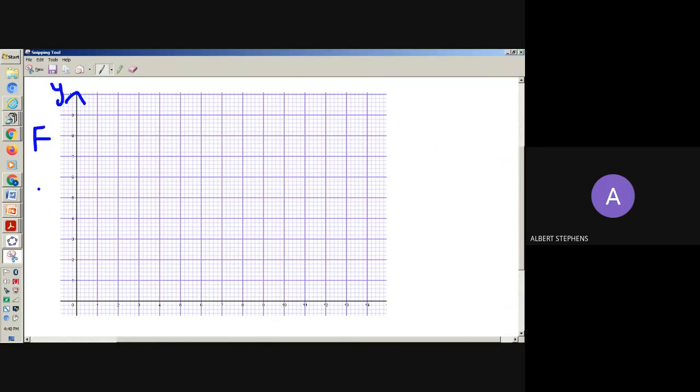That's where you're going to put your frequency. And your x-axis is usually the other information. They're talking about distance in meters. So ensure that you label your graph properly.